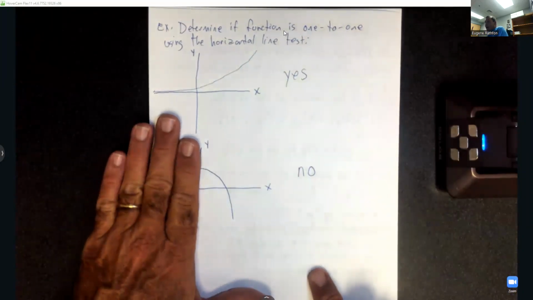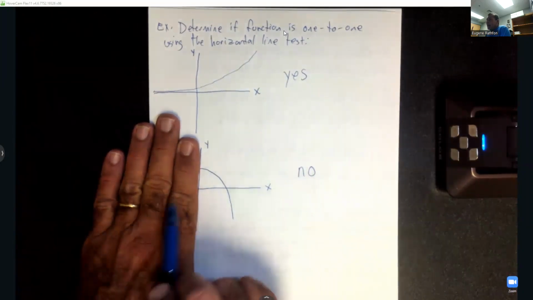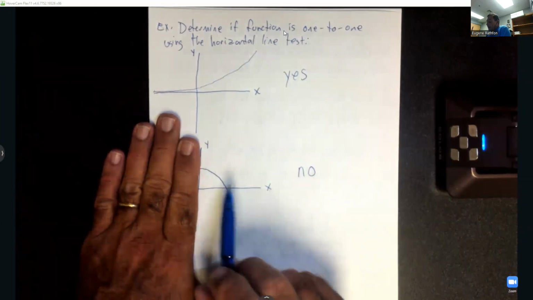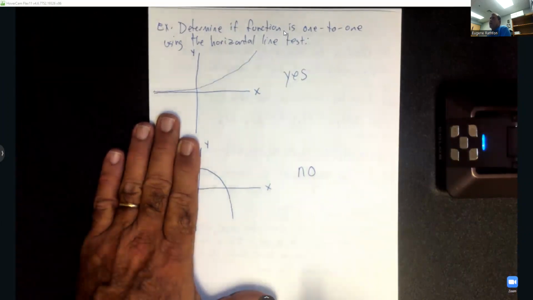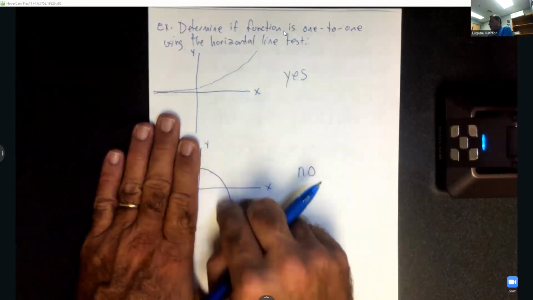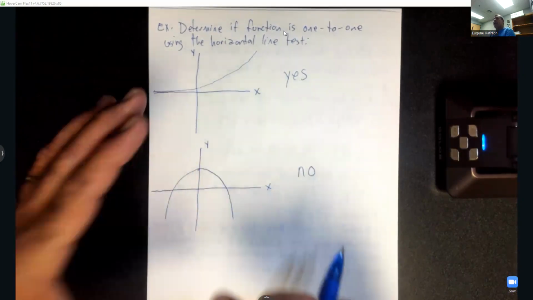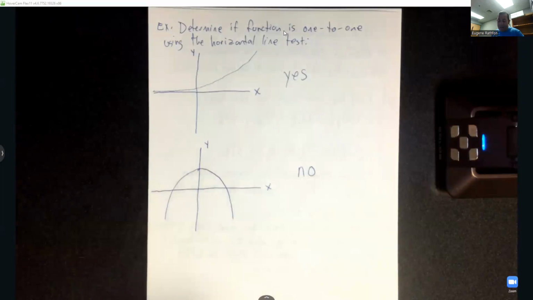So let me just put my hand there. So what if I restrict the domain? There's no x's that can be in the domain that are negative. Is this graph one-to-one? Yeah, so see, if I want to use a function like this, I can restrict the domain so that this part is actually a yes. Okay, good job.